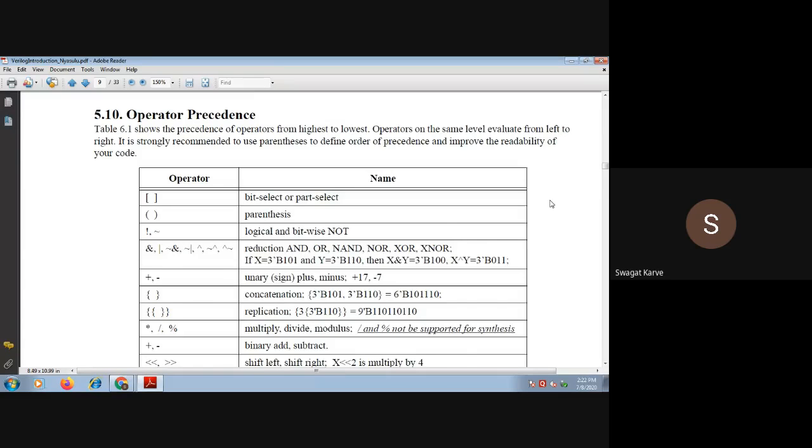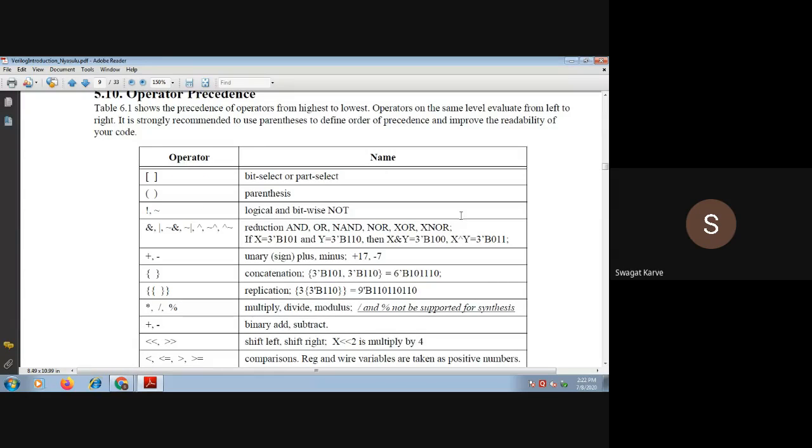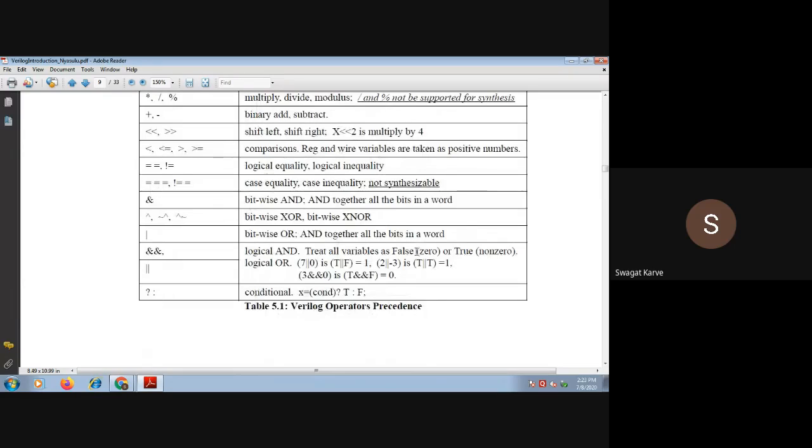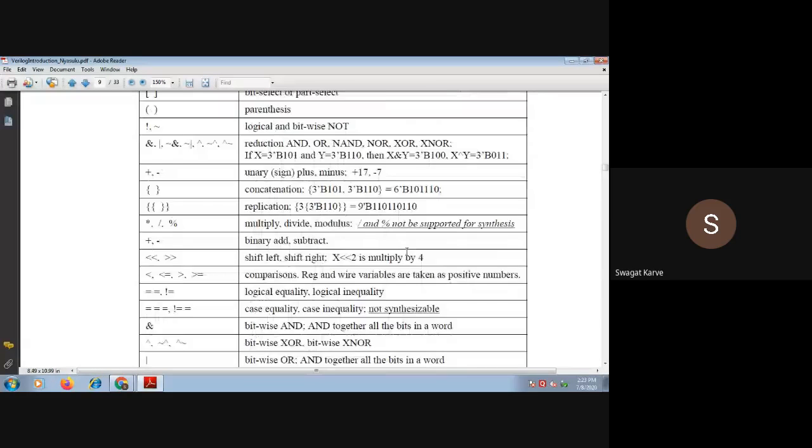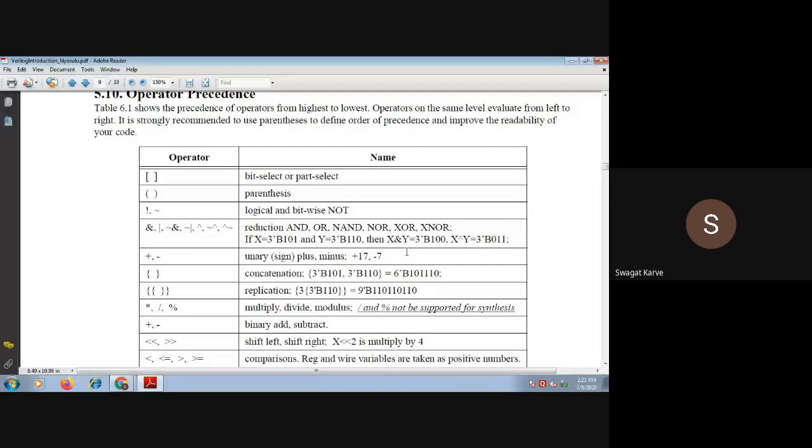These are the operators, their names, and the precedence is always from highest to lowest, right? That means operators on the same level evaluate from left to right, and it's strongly recommended to use parentheses to define the order of precedence and improve the readability of our code.